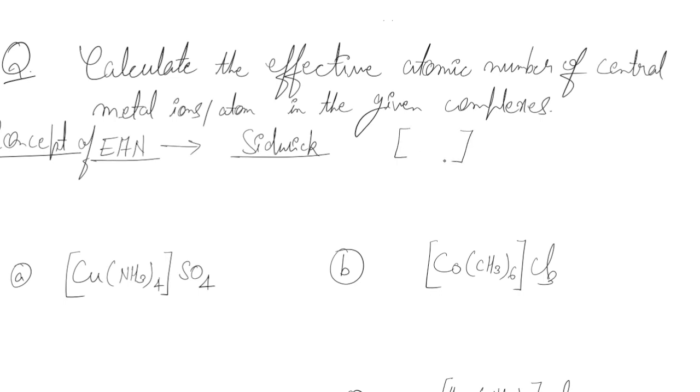You know that in the complex we have the central metal atom, and there will be some ligands with some coordination number. So in this coordination compound, we need to find out the effective atomic number of this central metal atom or ion.